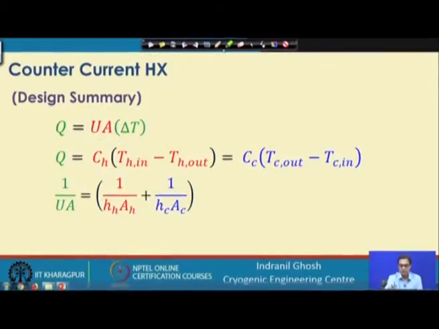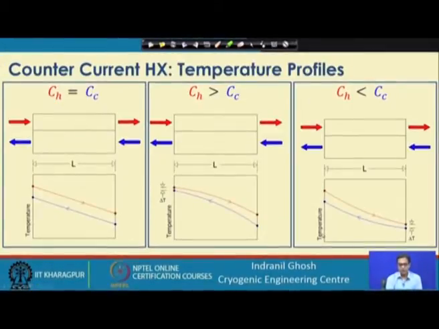So, this is the simplest situation when we have assumed C_R equals 1 and we have tried to design a simple tube in tube heat exchanger. Now, we may not always expect that C_H will be equal to C_C, or C_R will be equal to 1.